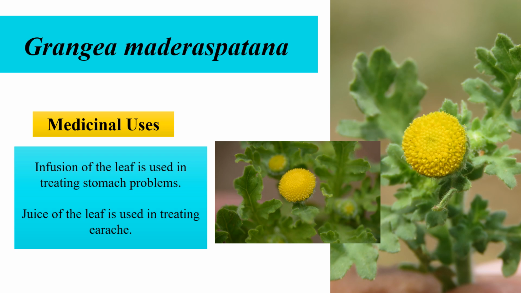So this is an associate plant species of carnivorous plants. Medicinally, this plant is also important. Infusion of the leaf is used in treating stomach problems, and the juice of the leaf is used in treating earache.